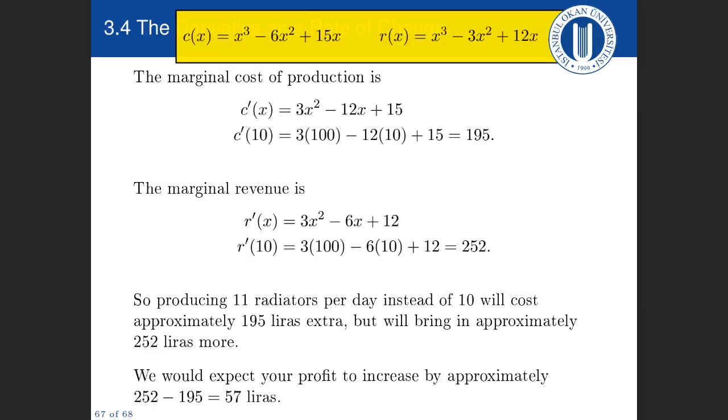So that means producing 11 radiators per day instead of 10 will cost approximately 195 liras extra, but it will bring in approximately 252 liras more. So we would expect your profit to increase by approximately 57 liras.